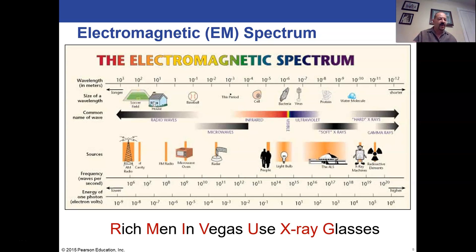I kind of pieced one together from 2 or 3 different ones that I found. Rich men in Vegas use X-ray glasses. So rich, radio; men, microwaves; in, infrared; Vegas, visible; use, ultraviolet; X-ray; and glasses, gamma rays. So it's an easy way to remember the order in case you're having trouble with it.